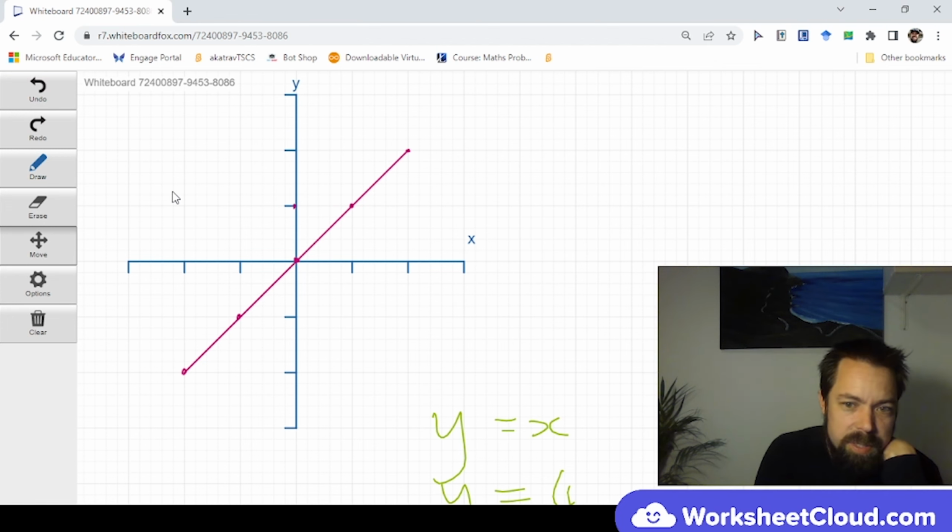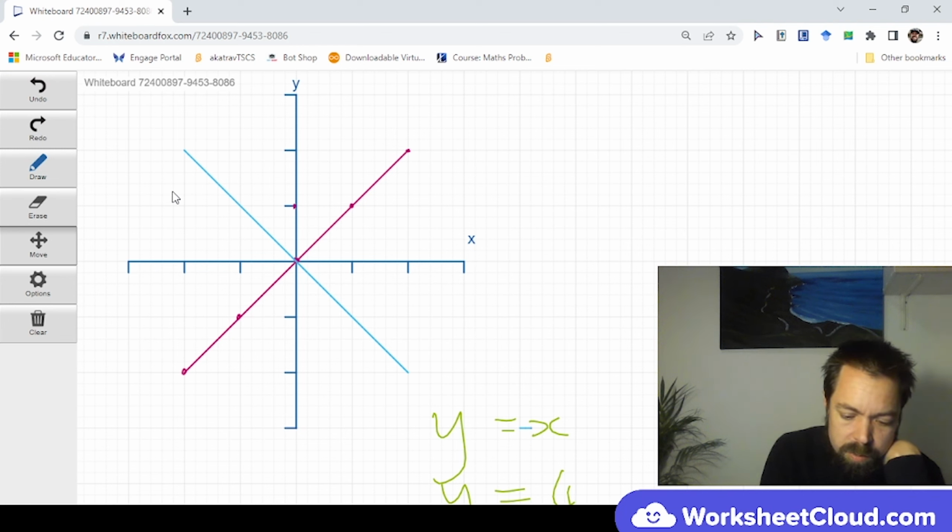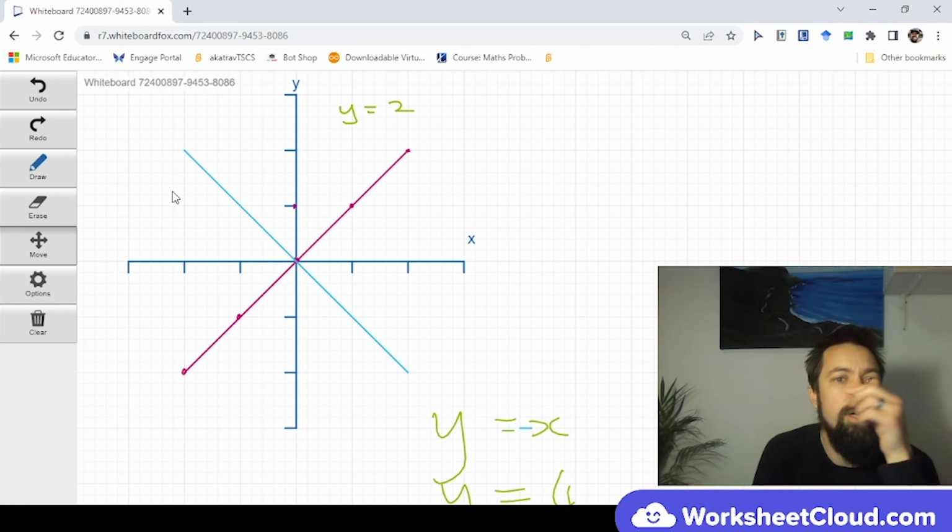If I was faced with a situation of y equals minus x, then I'd be looking at this graph over here. Right. When I've got a situation like y equals 4, and in fact what I'm going to draw now is not y equals 4, I'm going to choose y equals 2. All right, what that's saying is that anywhere on my graph is 2.